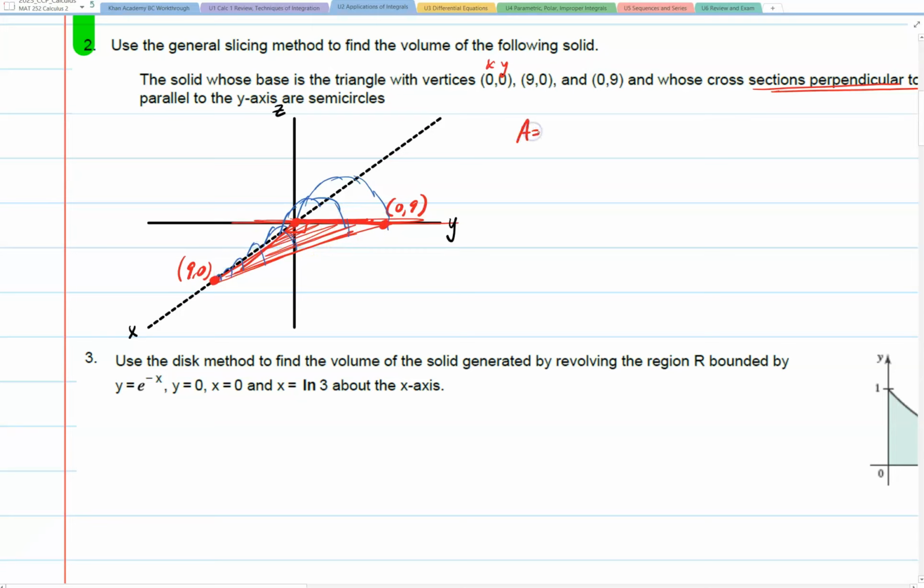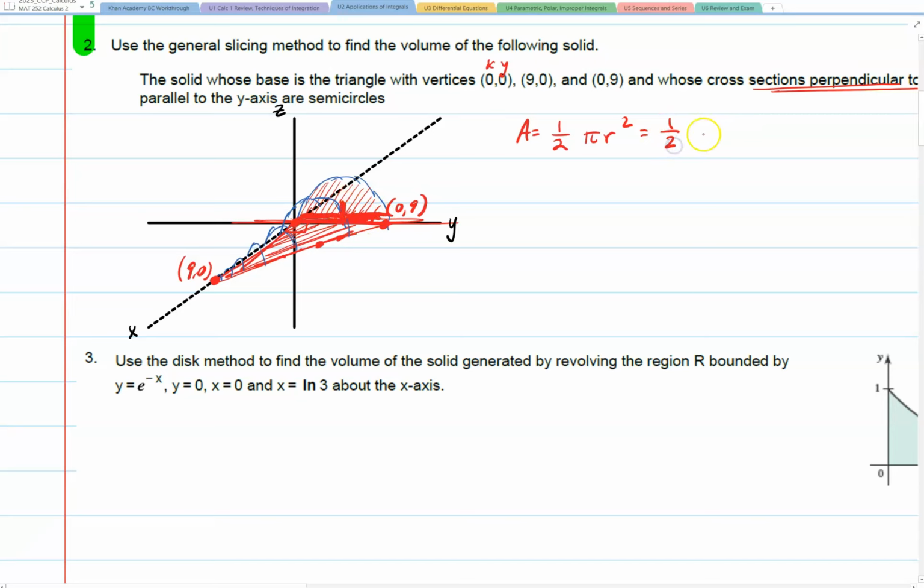Now here again, one of the things that I like to do first is try to figure out the area of each cross section. The area of each cross section is going to be half of pi r squared. We want half of a circle, and it would be helpful to note what the radius of each circle is. Now the radius, of course, measures from the center of the circle to the edge, and if we look at the way this thing was described, the y-coordinate at any given spot is going to give us our total diameter of these circles, and so if we took half of y, then that's going to generate the radius that we'd like here.